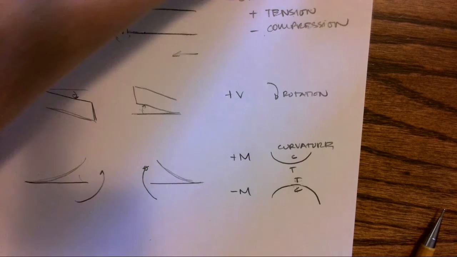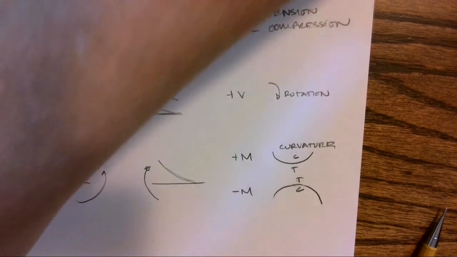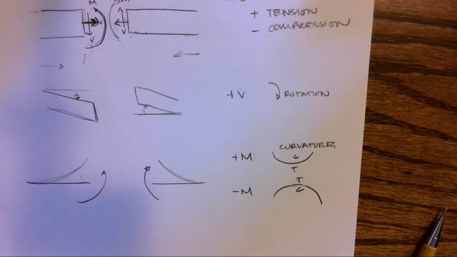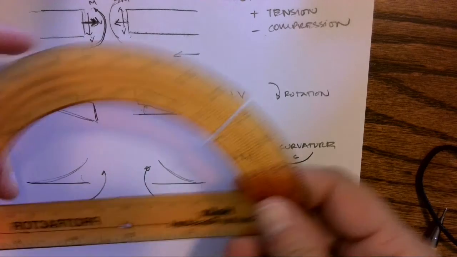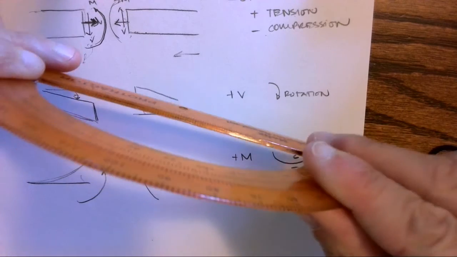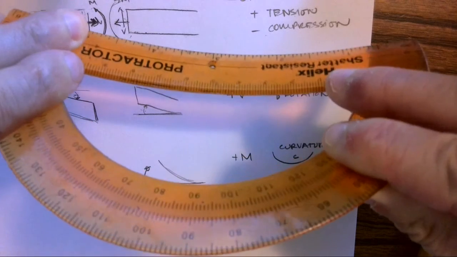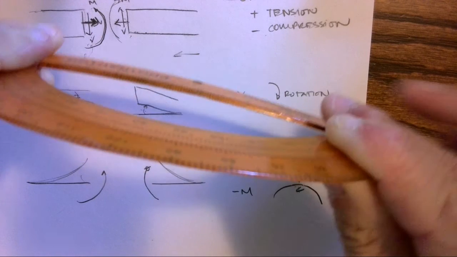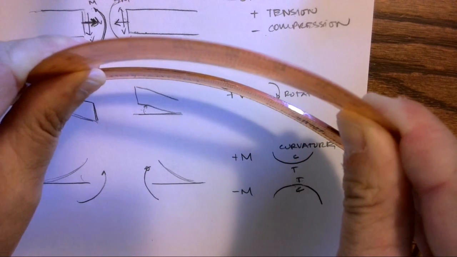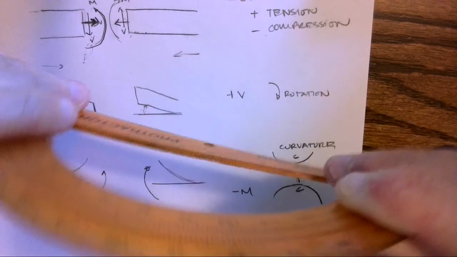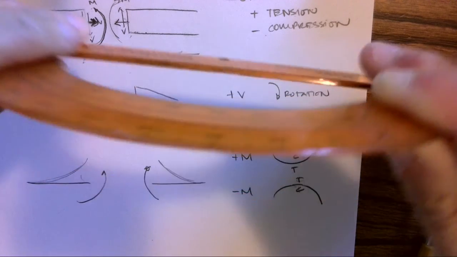So again, let's look at the rotation. If I have positive curvature, it's going to curve up, a smiley face. Negative curvature, it's going to curve down, a rainbow.